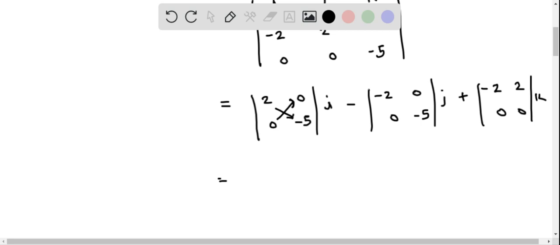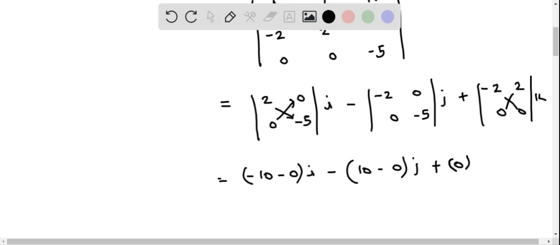2 times negative 5 is negative 10, and 0 times 0 is 0. So this becomes negative 10, negative 0 times i, and then we have negative 2 times negative 5 is positive 10, and then 0 times 0 is 0. So we have j here, and this is negative 2 times 0 is 0, and 2 times 0 is 0.